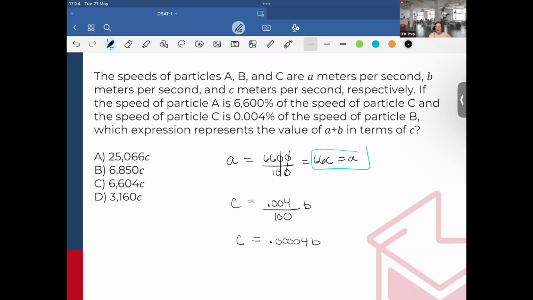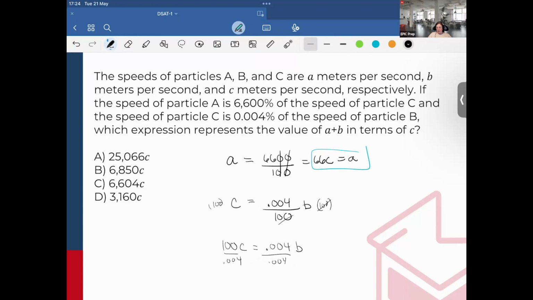Actually, wait, because I want this in terms of C. So I'm going to multiply each side by 100. So I get 100C is equal to 0.004B. Divide each side by 0.004.